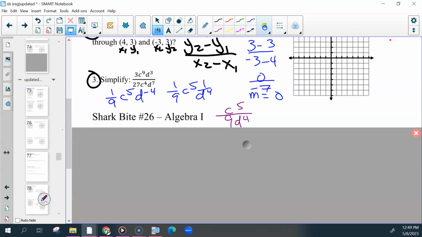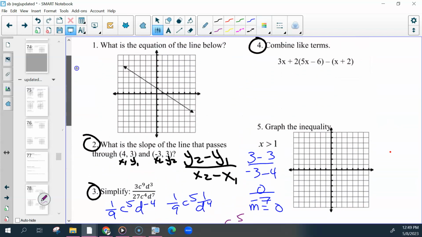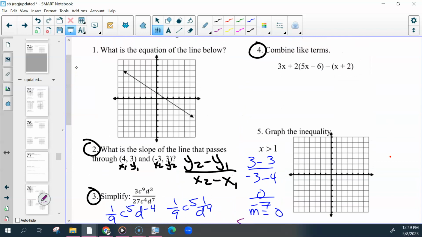Questions on that one? Four was combining like terms. You would distribute first. There's a 1 behind here. Bring down the 3x. So 3x plus 10x minus 12 minus x minus 2.